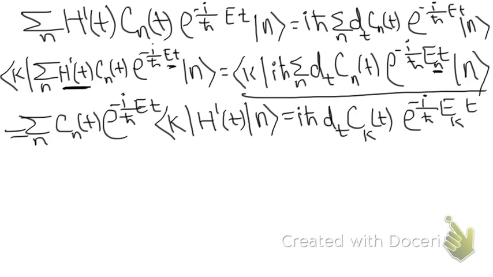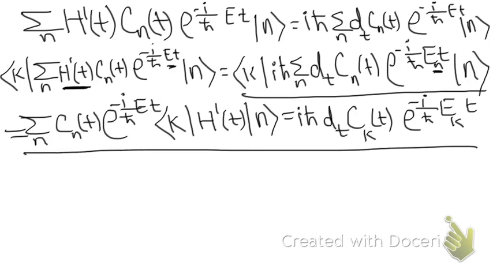Now let's just use this equation over here, move some terms, and write it in the form of a differential equation, right? So what will that be? That will be simply my iota h bar, d/dt, the time derivative of my c_k of t, right?